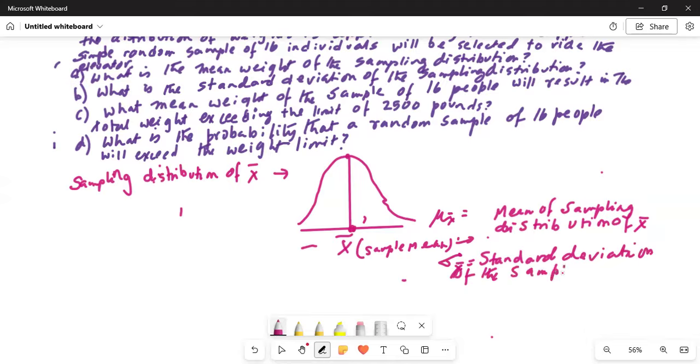Here the key phrase is to assume the weights are normally distributed.